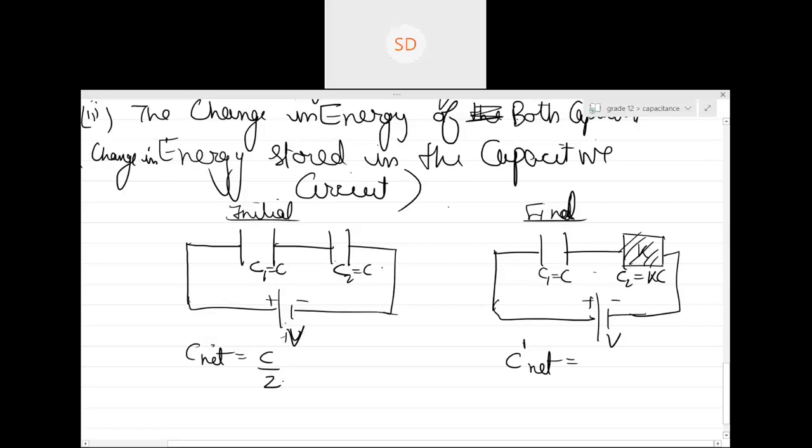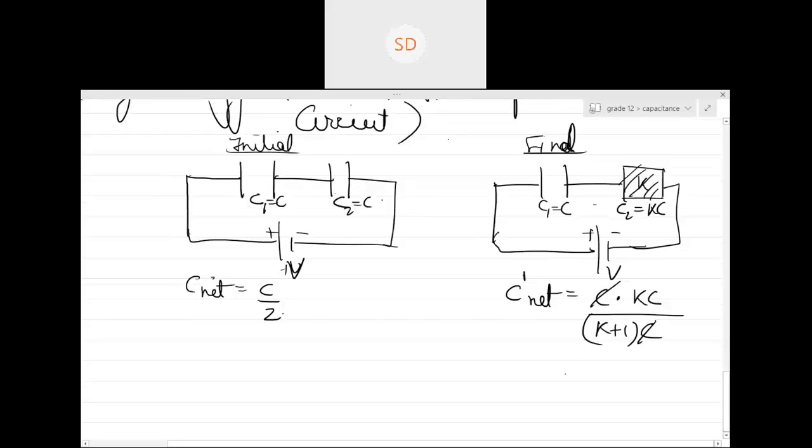Everyone knows the formula for series capacitance, C1 C2 upon C1 plus C2. Similarly, here it will become C into KC upon K plus 1 into C. Yes or no? So 1C will get cancelled with 1C and the new capacitance will be KC upon K plus 1.